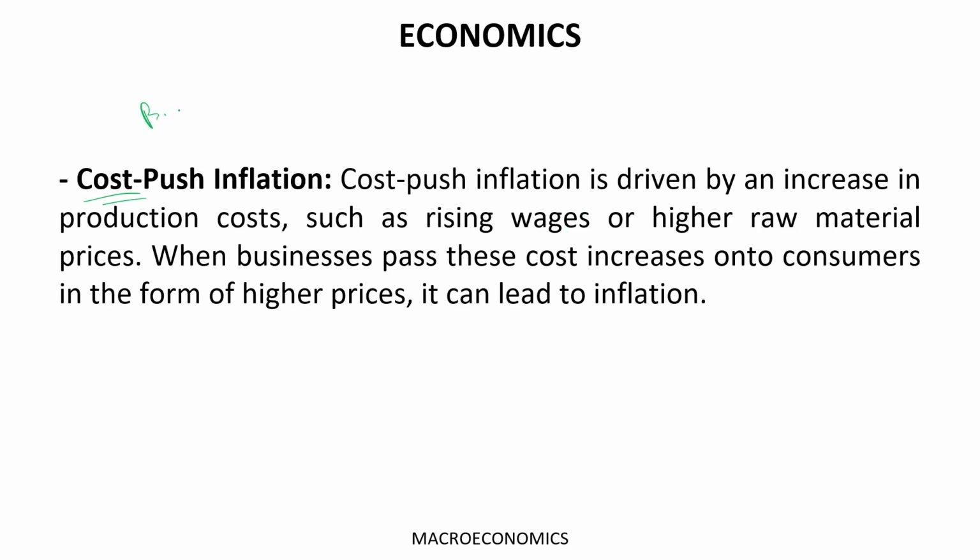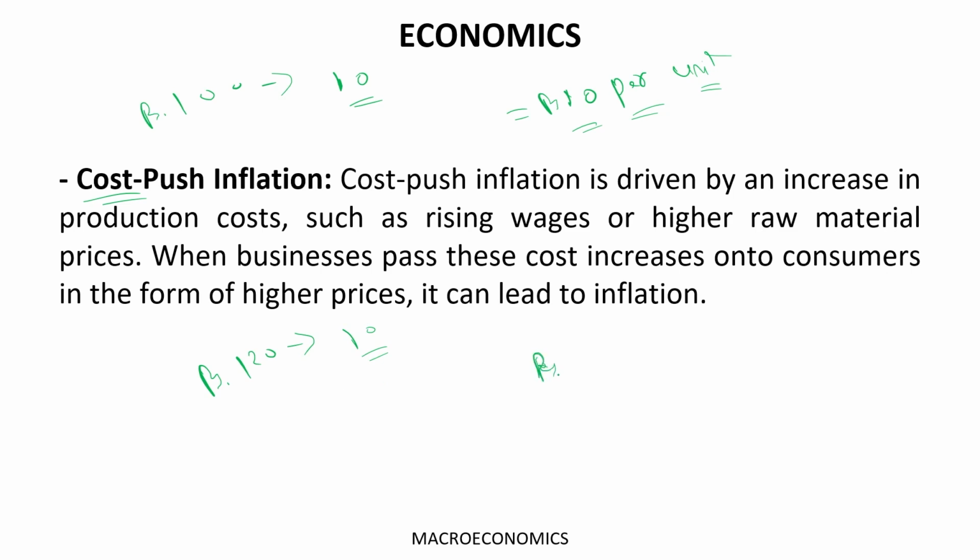Just suppose if rupees 100 was my production cost for 10 units, it means rupees 10 per unit was my cost. Okay, but now rupees 120 is my cost for 10 units.